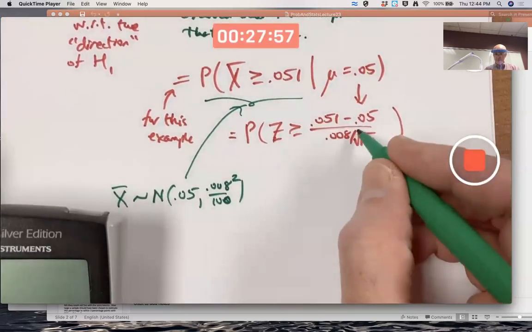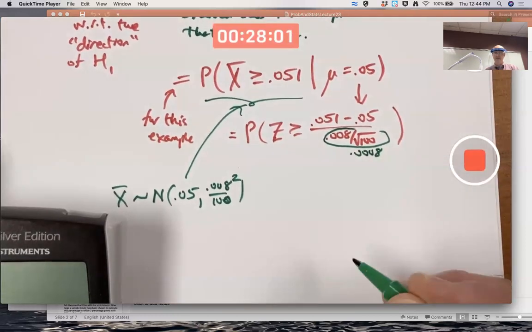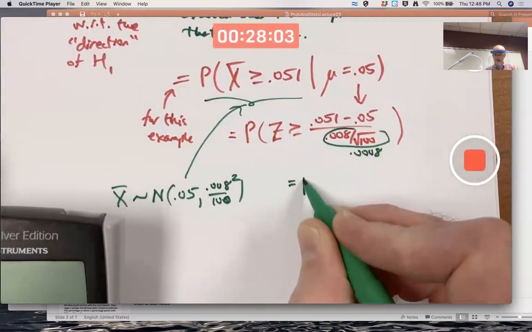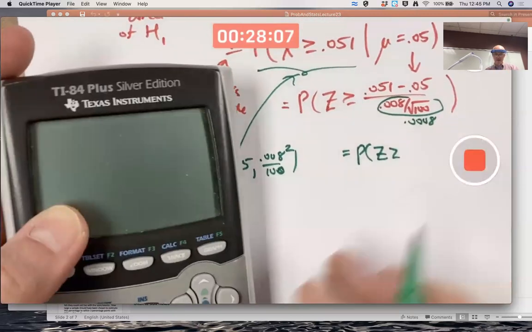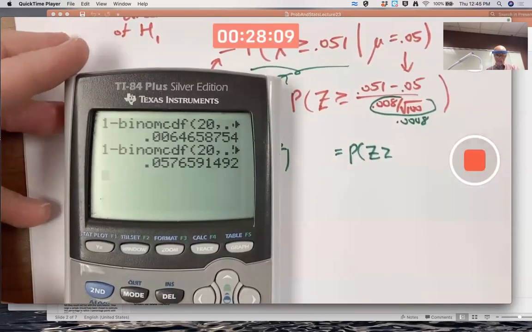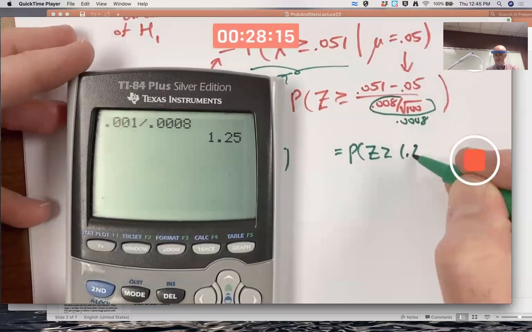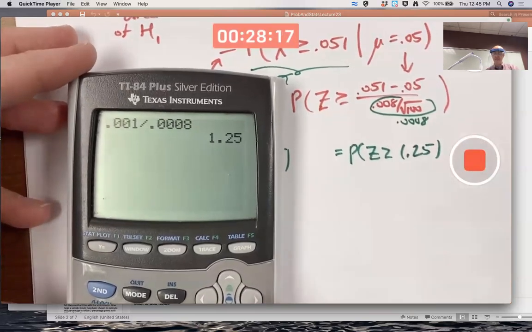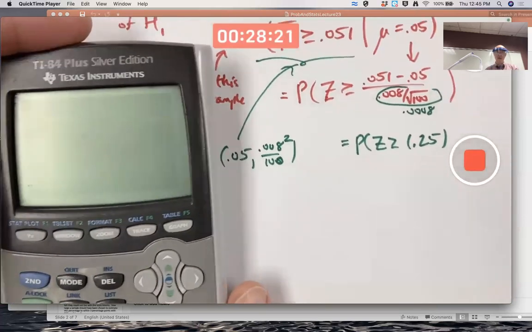Of course, square root of 100 is 10. So this is 0.0008. So I have 0.001 divided by 0.0008 gives me 1.25. Now use technology or table in the back of the book.